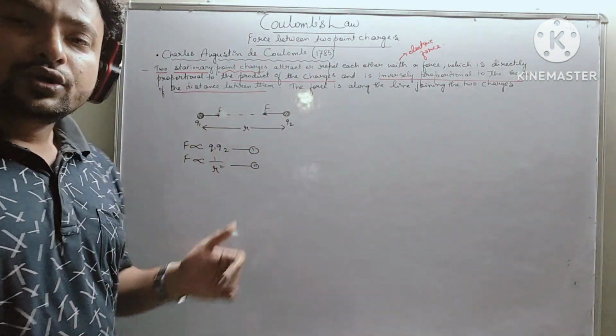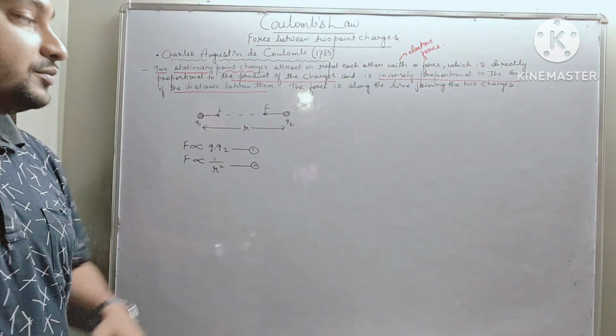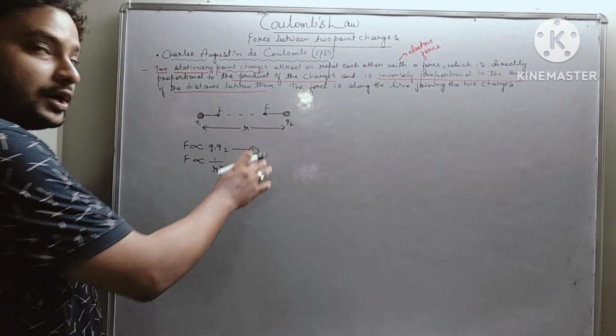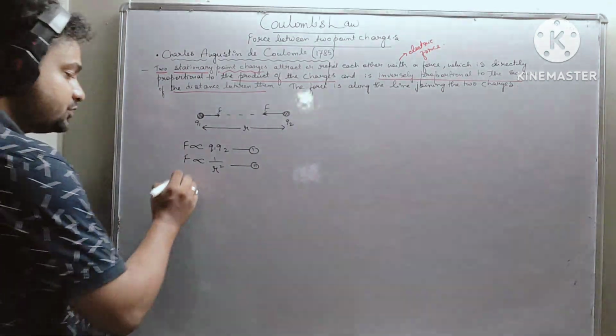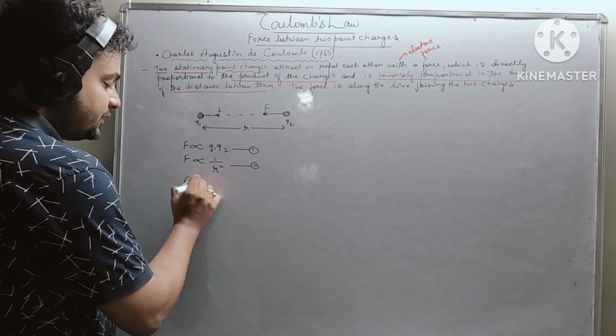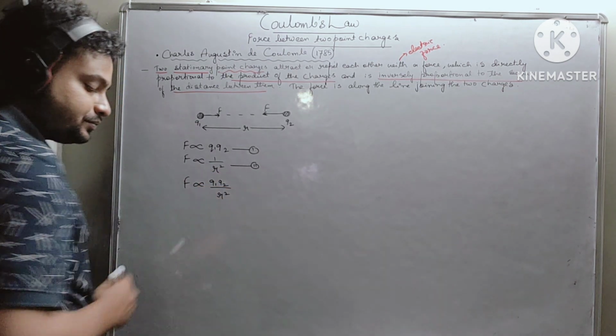Now we are going to go into a few further topics and see what things we can get from Coulomb's law. From these two statements we can write that force is proportional to Q1 Q2 divided by R square.